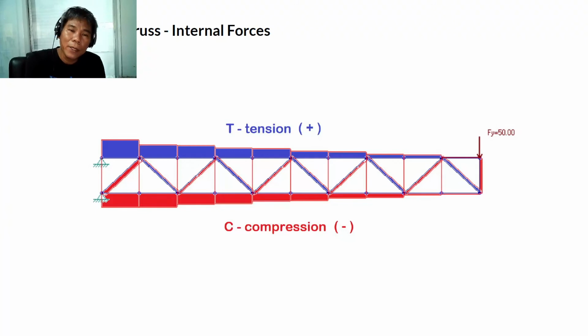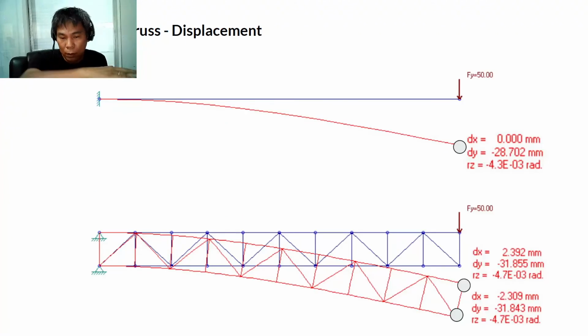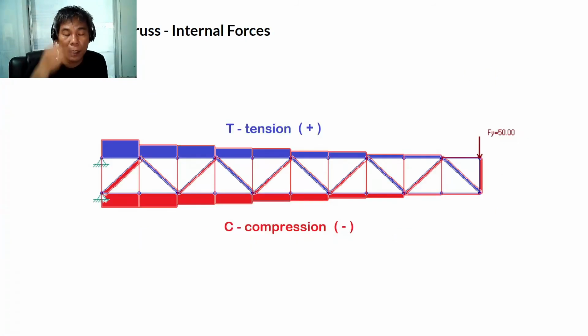But I want to emphasize here the forces in the truss members. Blue is tension, red is compression. Since it is concave downward, the top is positive and the bottom negative. We call these the internal forces, because from the external force of 50, it was transferred to the members.